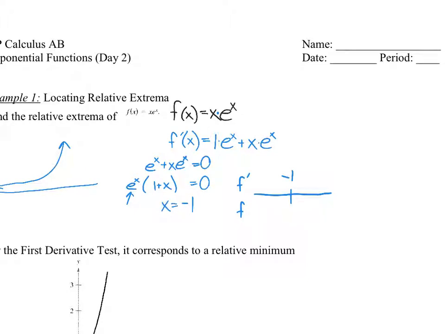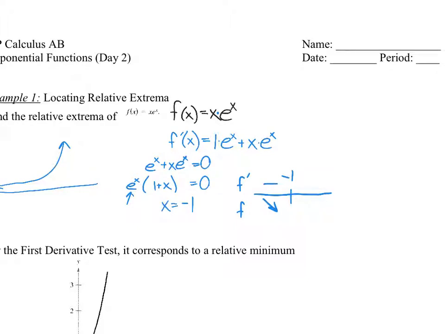E to the x is always positive, so 1 minus 2, for example, is going to be negative. So I know my function is decreasing. So I know now that negative 1 is either going to give me a min or a plateau point. If we try zero on the other side of negative 1, e to the 0 is 1, 1 plus 0 is 1.